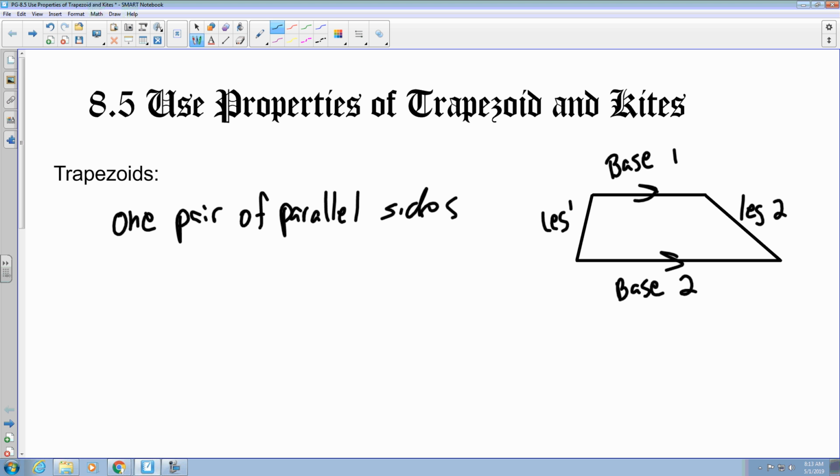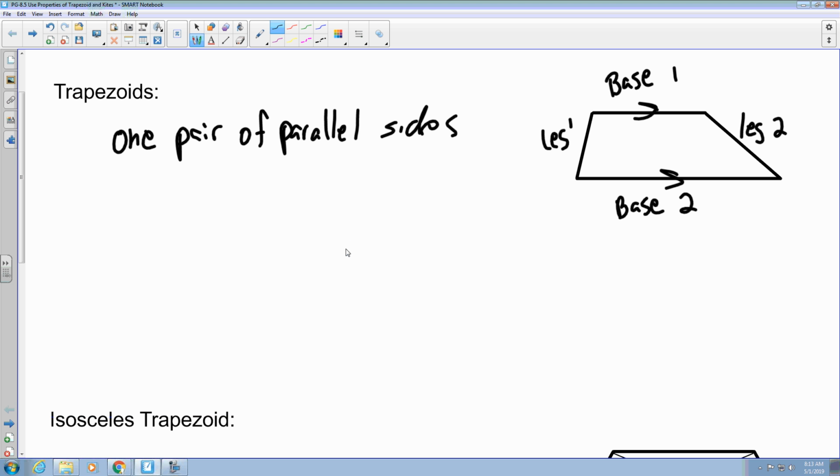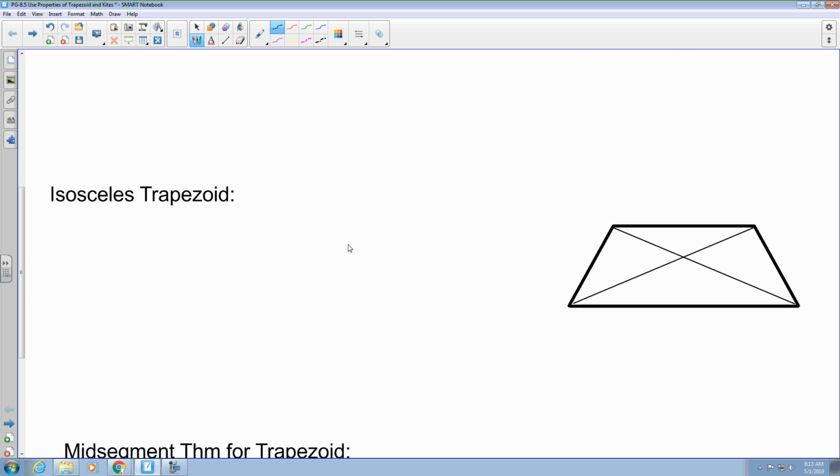If we go into other types of specific trapezoids, one of which is here, we have an isosceles trapezoid. It has the same characteristics as the top one. This and this are parallel, so these two line segments are parallel. But when you have an isosceles trapezoid, kind of like an isosceles triangle, you have two equal sides.